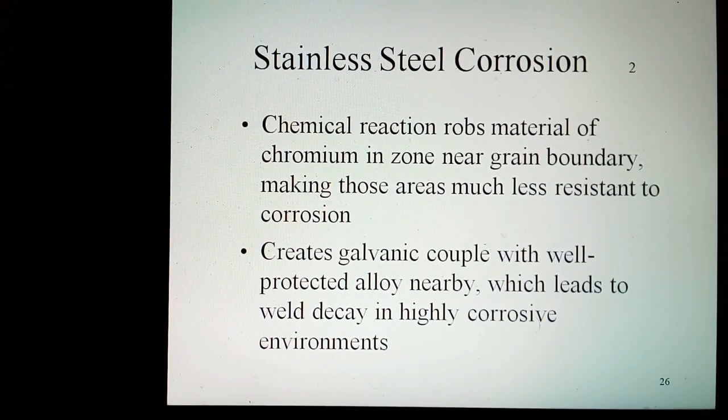This chemical reaction robs the material of chromium in zones near the grain boundary, making those areas much less resistant to corrosion. This creates a galvanic couple with the well-protected alloy nearby, which leads to weld decay corrosion of the grain boundaries in the heat-affected zones in highly corrosive environments.